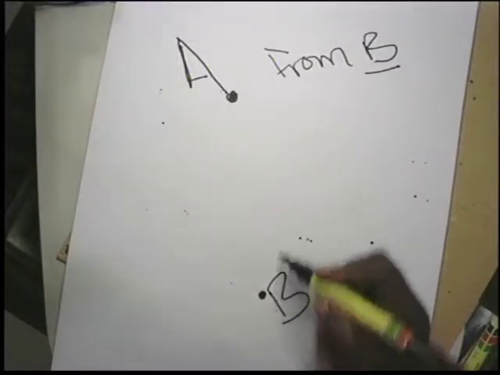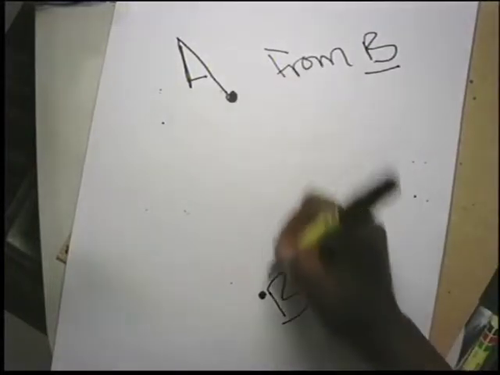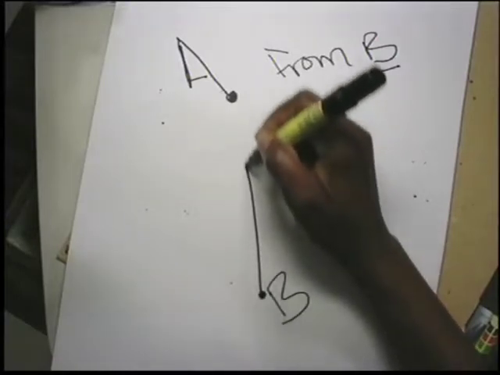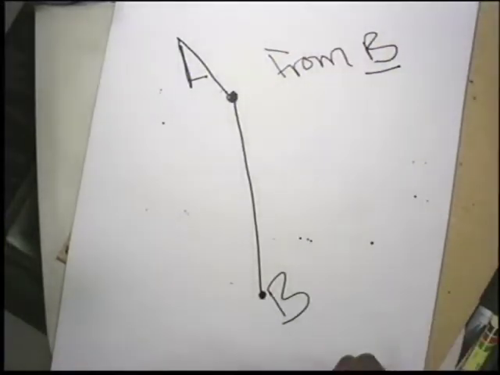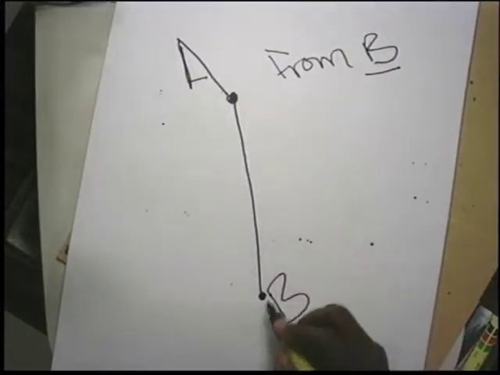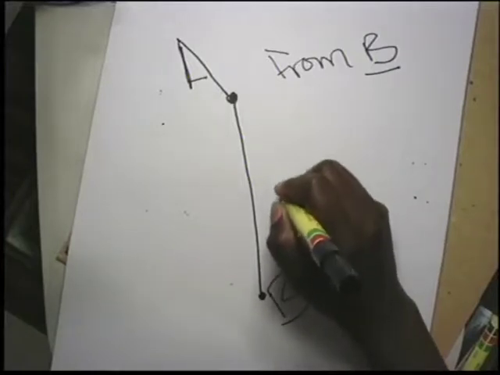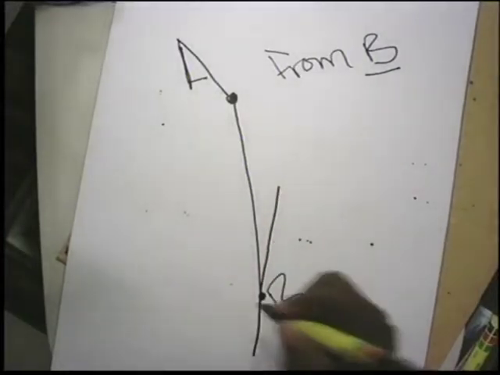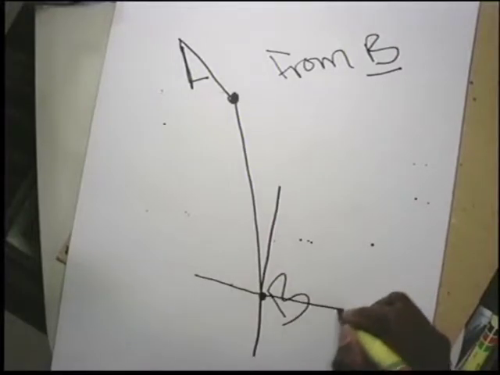You work it by connecting the two points together with a straight line. Then you draw your four main directions on B. Your four main directions on B. You make it straight as well.